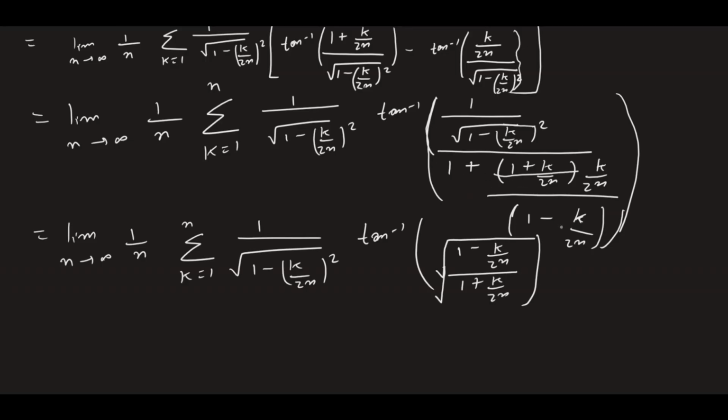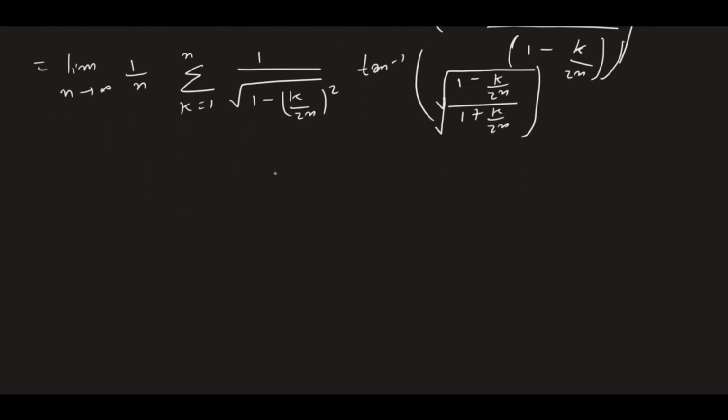The 1 minus k by 2n and k by 2n cancel, so only 1 will remain. So now we have this.